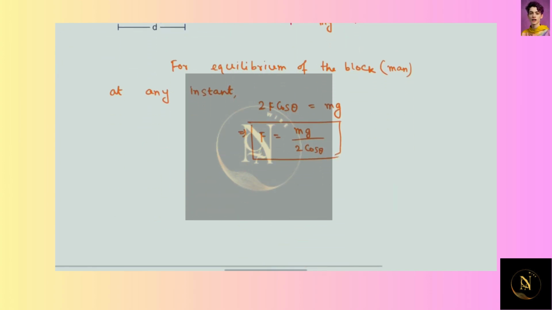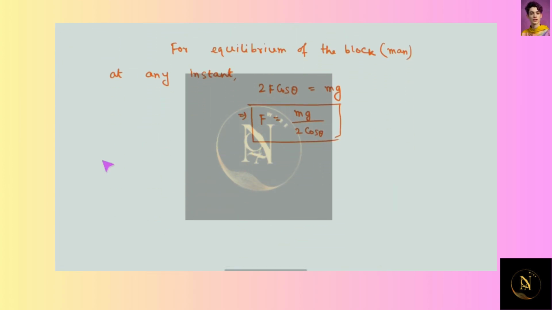So we can conclude that if the man is moving upward, the angle theta will also increase. Correct?